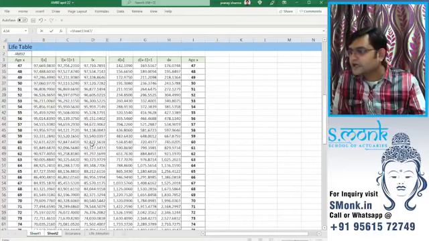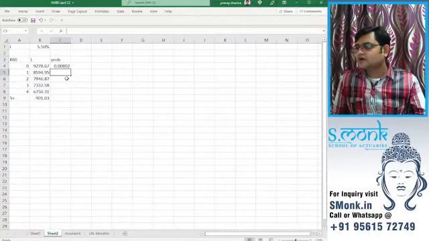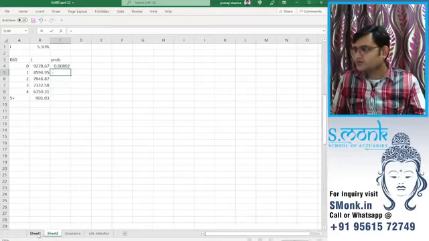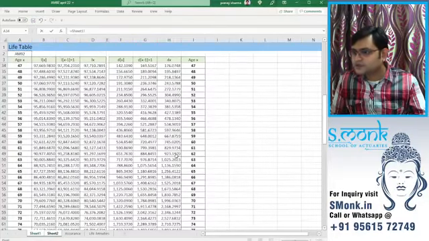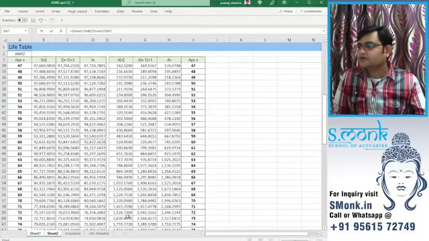Then if a person survives for 1 year and dies within the second year, that would be d61 divided by l60. So go to sheet 1, d61 divided by l60. We want l60. Enter.